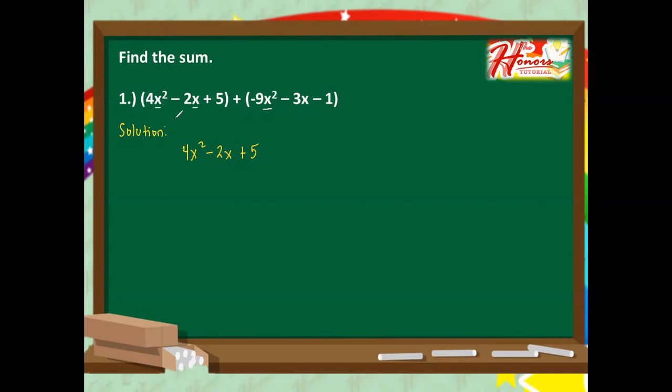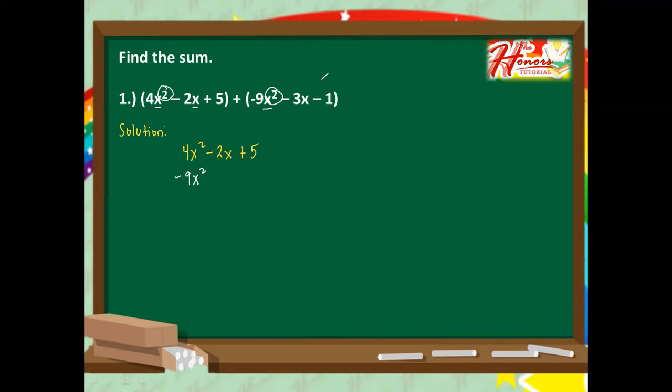To identify which is the partner of negative 9x squared, kindly look at the exponent. That is 2. They are the same. So therefore, the partner of negative 9x squared is 4x squared. So we will write negative 9x squared here below.